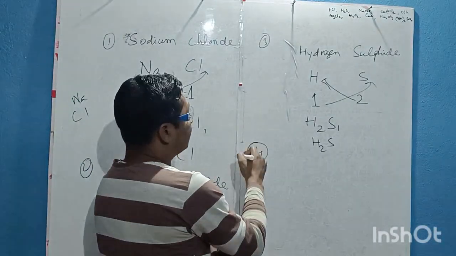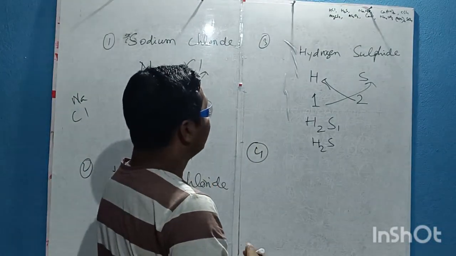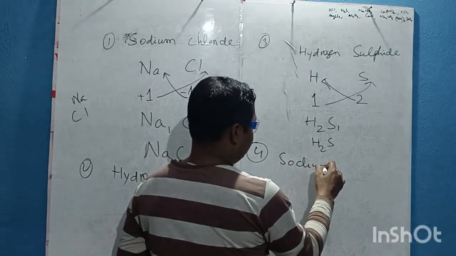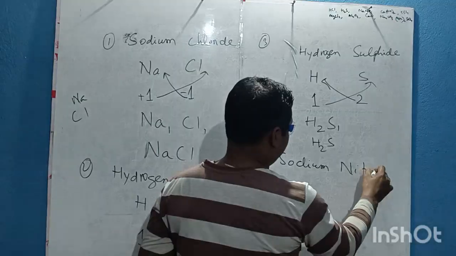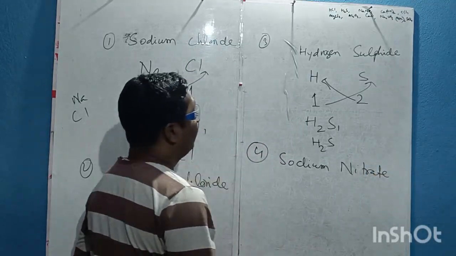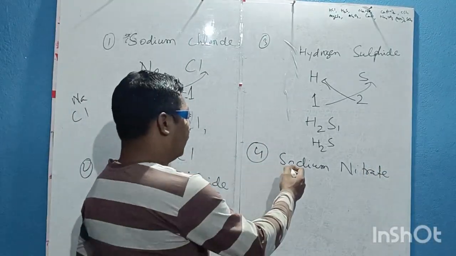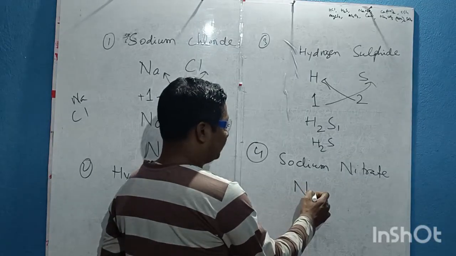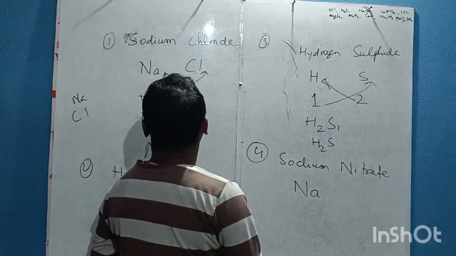Now take another example. Sodium nitrate. What is the formula for sodium? The symbol for sodium is Na, you already know.